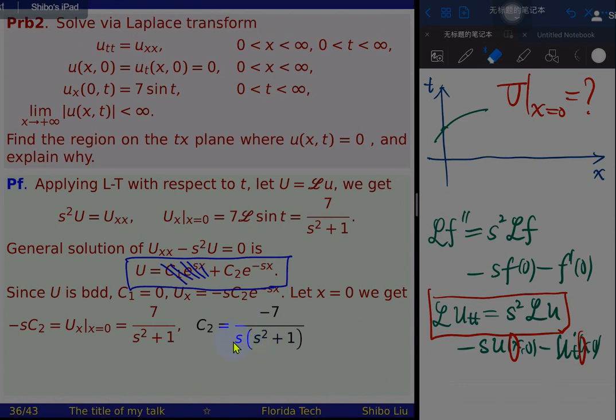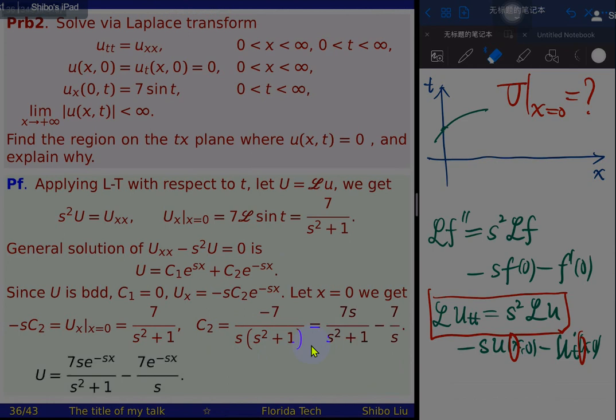Having obtained C2, we can give the expression of capital U. So we decompose C2 in terms of the so-called simple fractions. That is, the term downstairs is at most a quadratic term. In the original expression, this is a cubic term, so we can decompose it in terms of these.